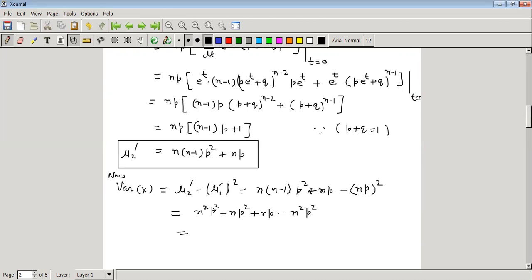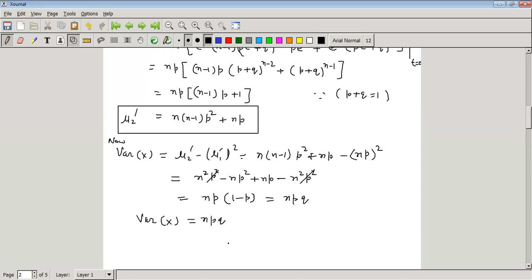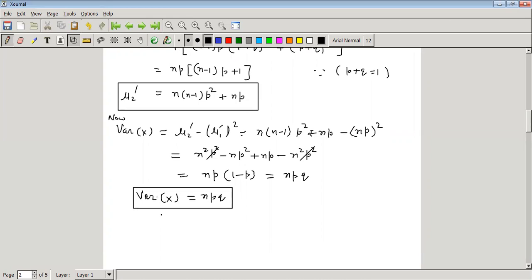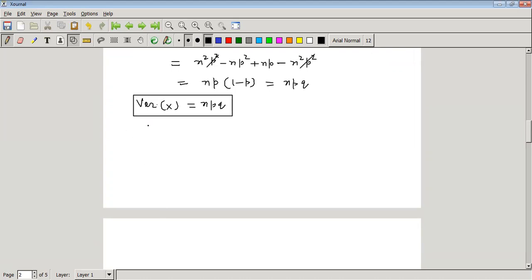So n square p square cancel out. So we can take np to be common. We get 1 minus p, and 1 minus p equal to q. So this is npq. So variance of x, the variance of binomial distribution, is equal to npq. So this is how we can find the mean and variance of a binomial distribution with the help of moment generating function.